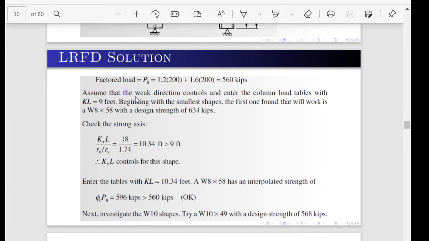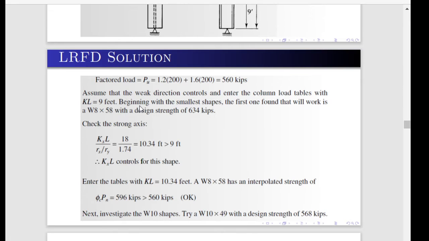Then assume that the weak direction controls and enter the column load tables with KL equal to 9 feet. Beginning with the smallest shapes, the first one found that will work is W8x58 with a design strength of 634 kilopounds.